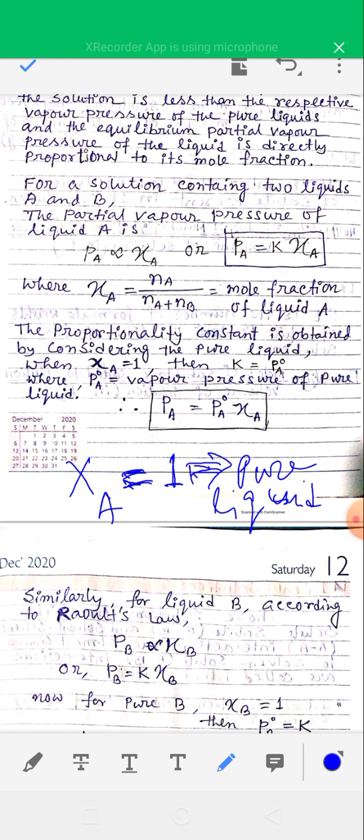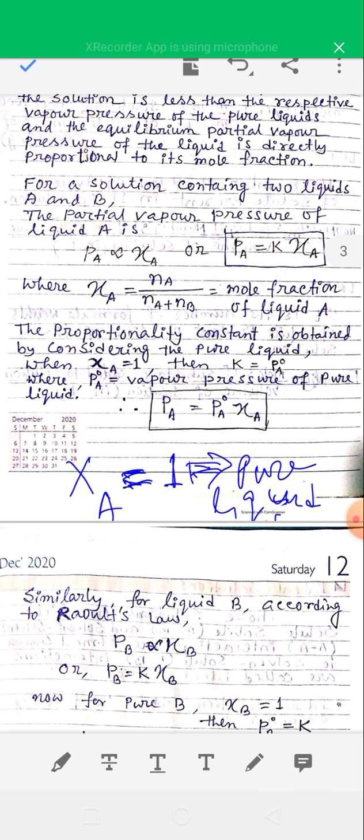Pure liquid means its vapor pressure will be Pa naught. So when Xa is 1, then you can write K is equal to Pa naught.